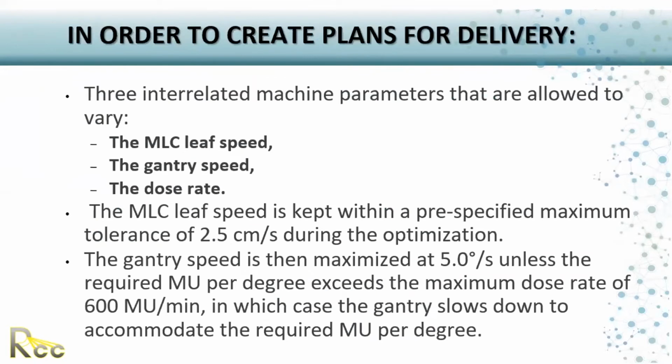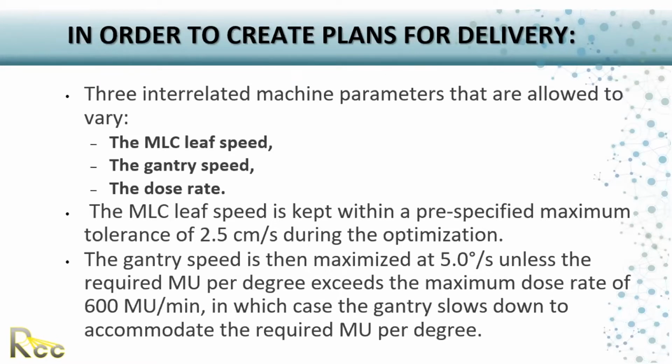In order to create a plan for delivery, there are three parameters: the MLC leaf speed, the gantry speed, and the dose rate. The MLC leaf speed is kept within a pre-specified maximum tolerance of 2.5 centimeters per second during the optimization. The gantry speed is maximized at 5 degrees per second unless the required MU per degree exceeds the maximum dose rate of 600 MUs per minute, in which case the gantry slows down to accommodate the required MU per degree.